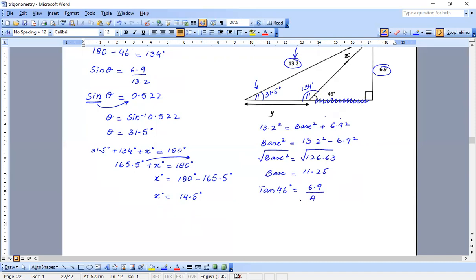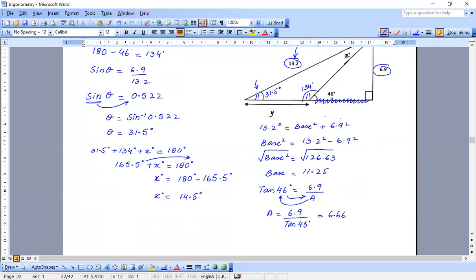Let's call it A. In order to calculate the value of A, I'll move these two. A is equal to 6.9 divided by tangent 46. I'm dividing 6.9 by tangent 46. The value is going to be 6.66.